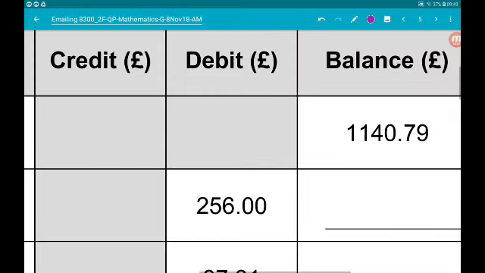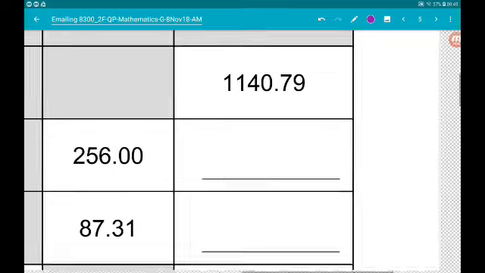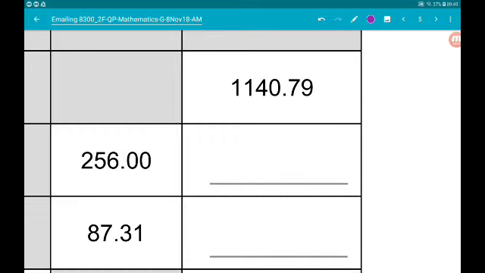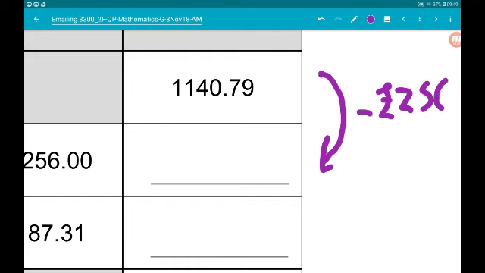So that's a debit of £256. So that means we are paying out £256. So use your calculator, subtract £256 from the starting balance, and that gives us 884.79.